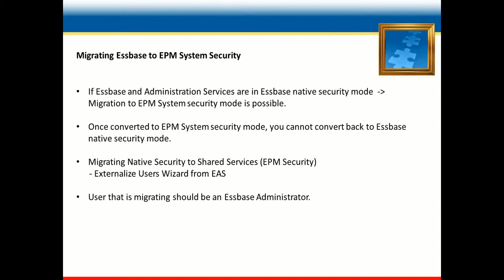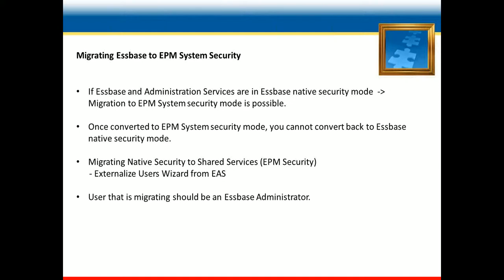So SBIS only had the SEC file for security management, and later with the 11 version, the SBIS product by default comes with shared services, or they recommend configuring with shared services. So if you want to migrate SBIS in native security to shared services, we can definitely achieve it through the EAS console.